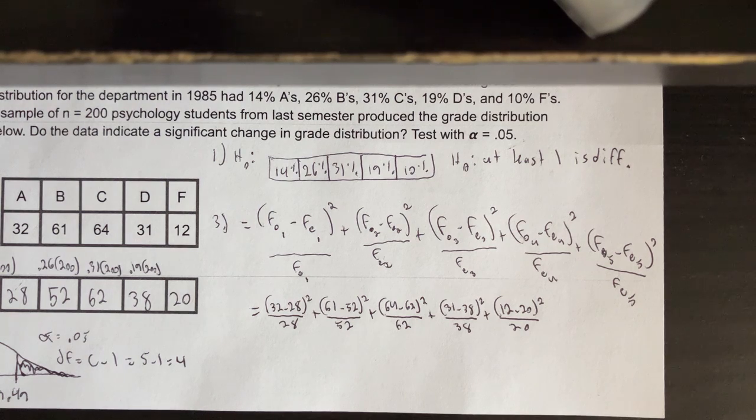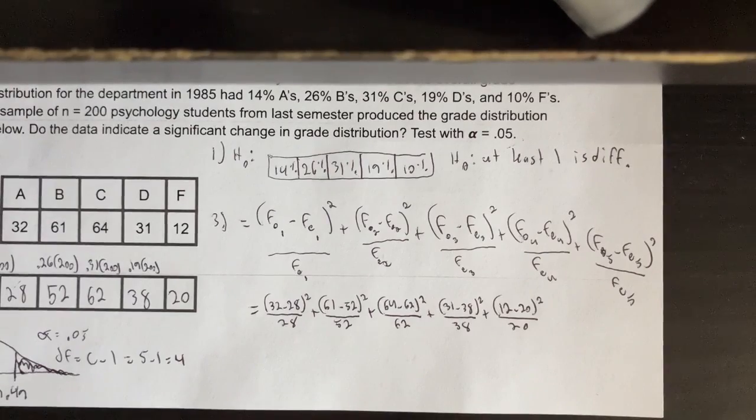These can get quite time consuming. They're not difficult, you just have to keep track of your numbers. So picking a good calculator is a good idea. Minus 52, and then that's over 52.